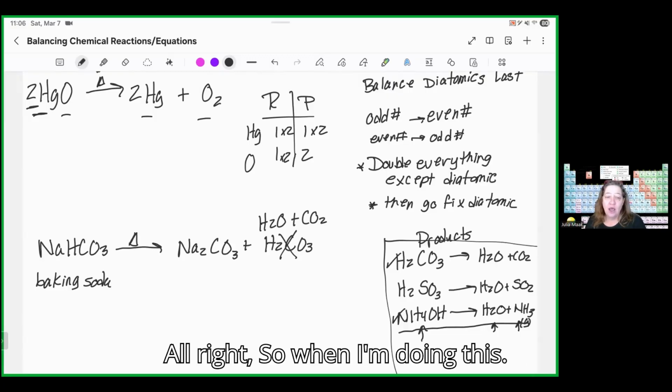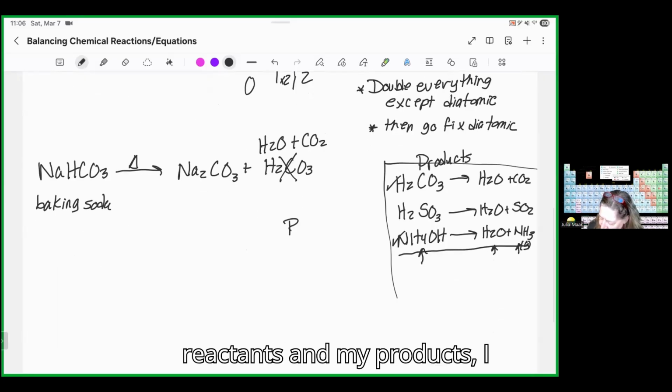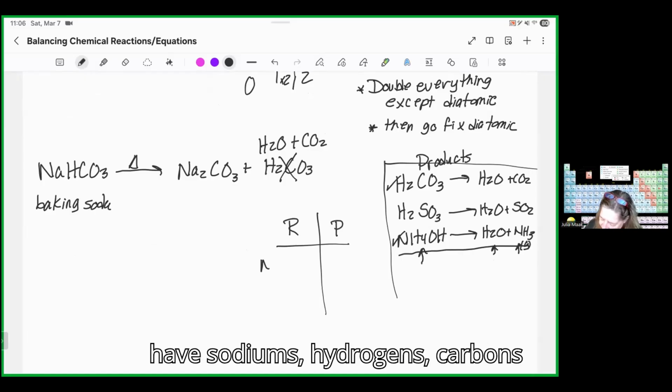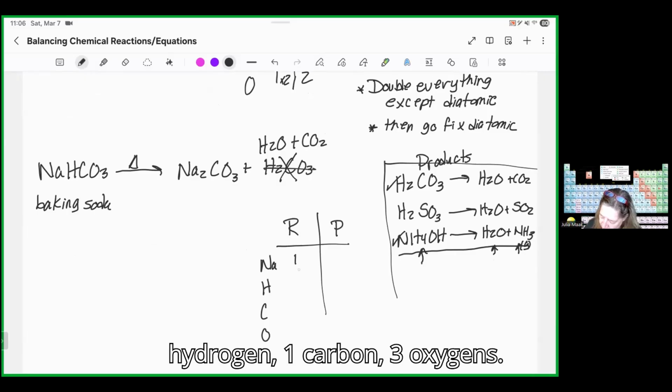All right, so when I'm doing this, if I do my reactants and my products, I have sodiums, hydrogens, carbons, and oxygens. On the left reactants, I have 1 sodium, 1 hydrogen, 1 carbon, 3 oxygens.